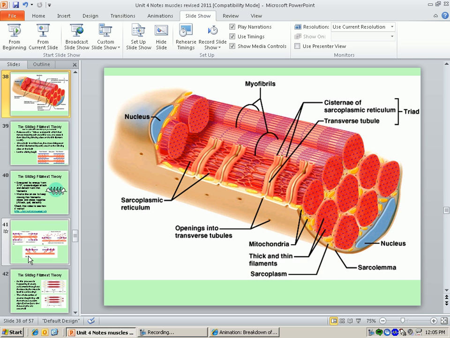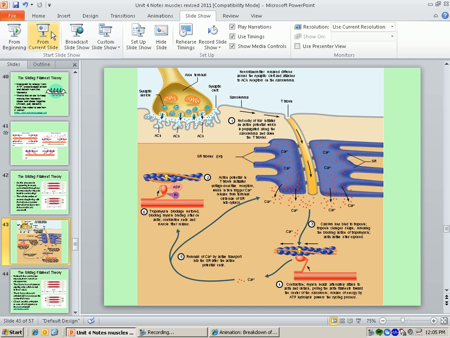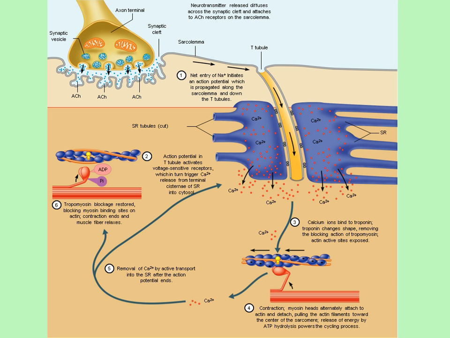I like this picture because it breaks down the whole process. If you look at the top left corner, you see the axon communicating with the muscle. You see how the acetylcholine is released, going across that synaptic cleft, and then a whole bunch of sodium is rushed in. If you read that, it says sodium is rushed in, and it causes the sarcoplasmic reticulum to release the calcium.